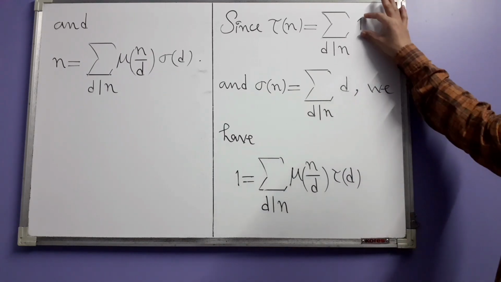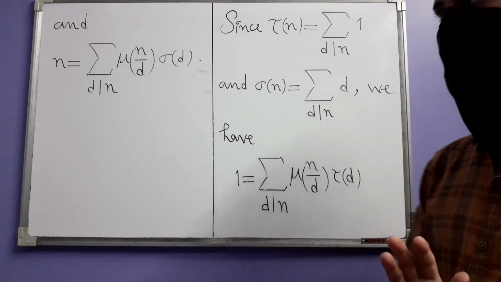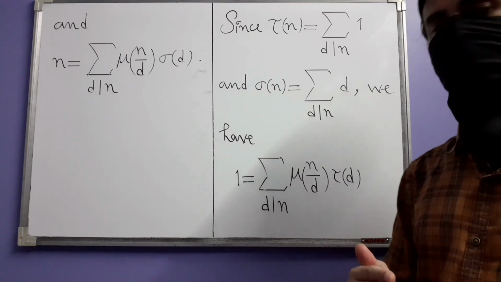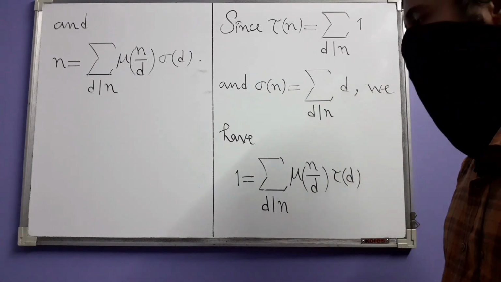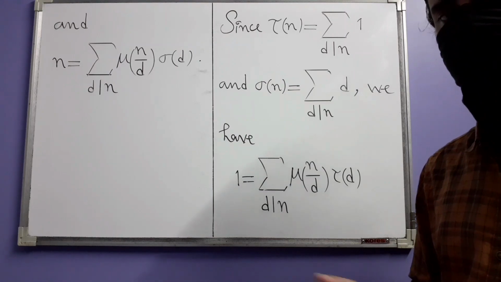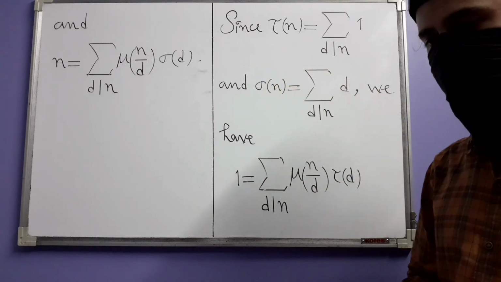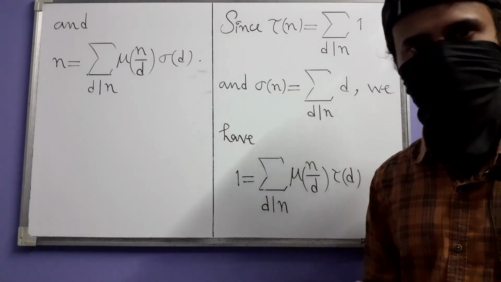Now we know that the constant function 1 is multiplicative in a trivial manner, and the identity function d, whose input is d and output is also d, where d is any positive integer, is also multiplicative in an equally trivial manner, and so are tau and sigma. So that means we can apply our Mobius inversion formula to these two equations.